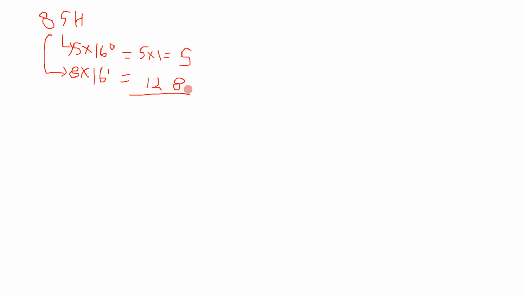And we will add 5 and 128. What will we get? 133. So when we convert this 85 into decimal, we get 133 base 10. Base 10 means the decimal number.